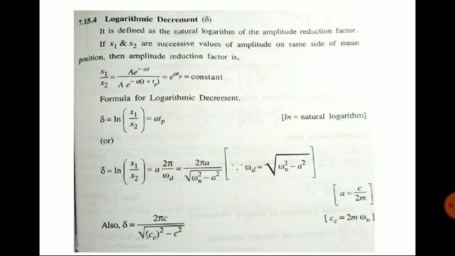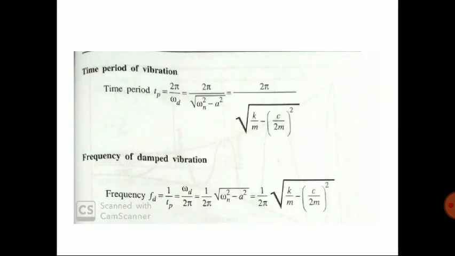And next we are going for a term, logarithmic decrement, and it is defined as the natural logarithm of the amplitude reduction factor. If x1 and x2 are the successive values of amplitude on the same side of the mean position, delta equals ln x1 by x2. Here x1, x2 mean the amplitudes of vibration in successive positions.